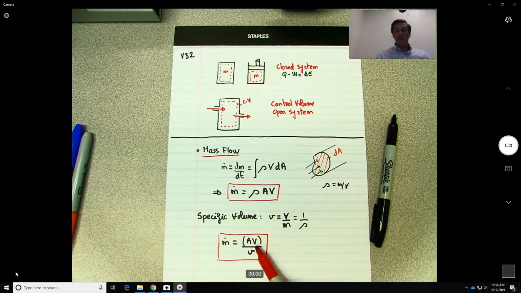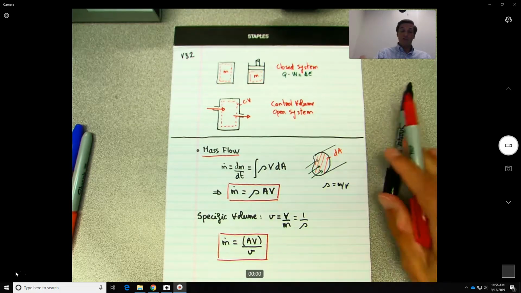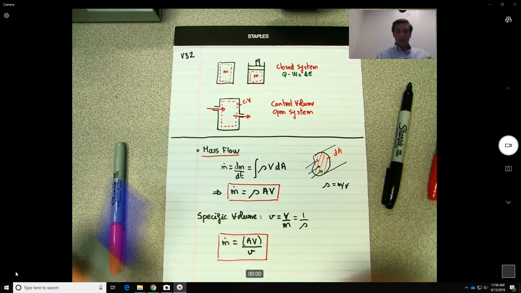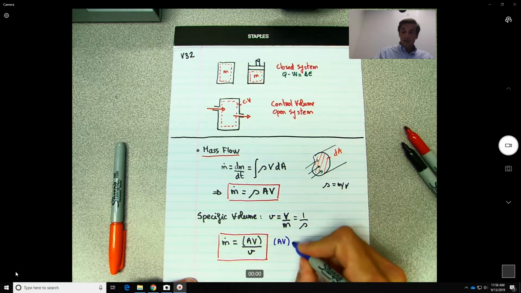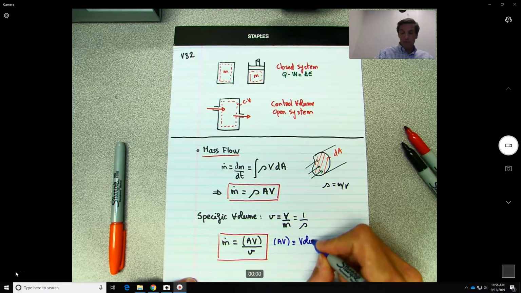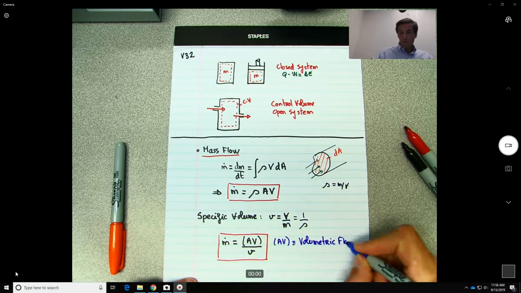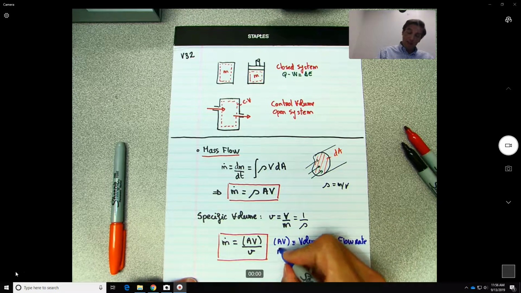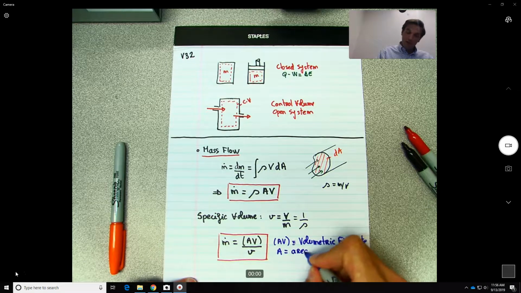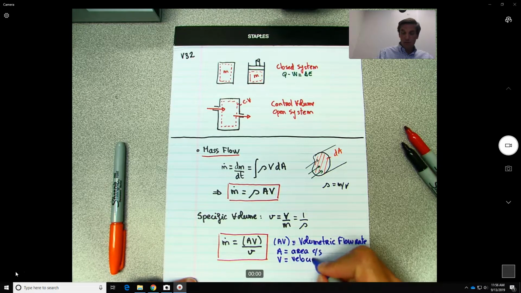That's the main reason why I use the V bar for the volume, because that V over here is not the volume but the velocity. In many textbooks, they refer to the product A V as the volumetric flow rate, where A is the cross-sectional area, V is the velocity, not the volume, and little v is the specific volume.